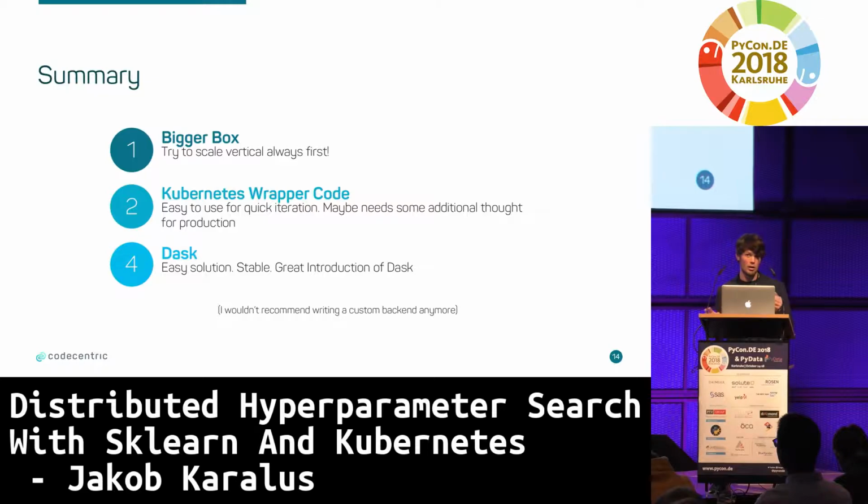It's easy for quick and dirty deployments. If you're in Google Cloud, it's out of the box there. If you're on different clouds, it's really quick to modify. And I wouldn't recommend to anyone going the way we did with the custom backend anymore. It turned out a lot of effort, and we could scratch that. And I would recommend everyone Dask at that point. That turned out quite well for us.